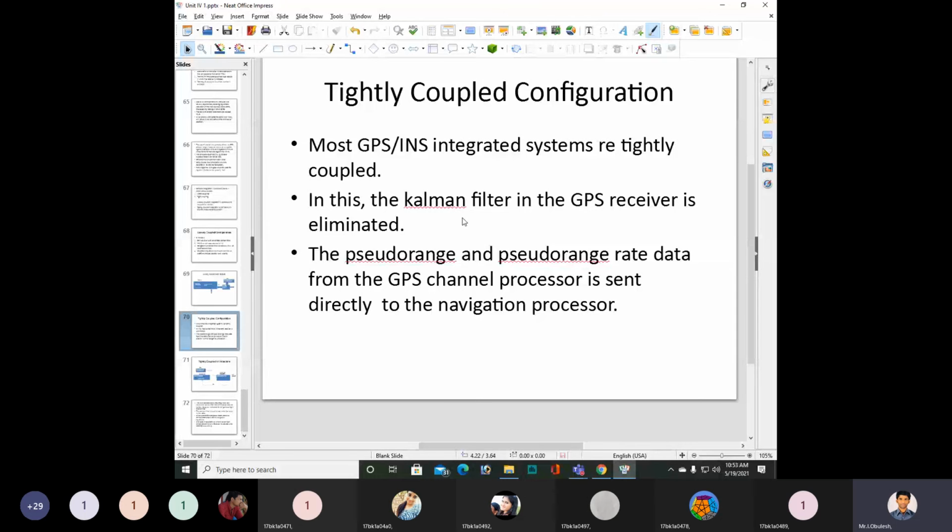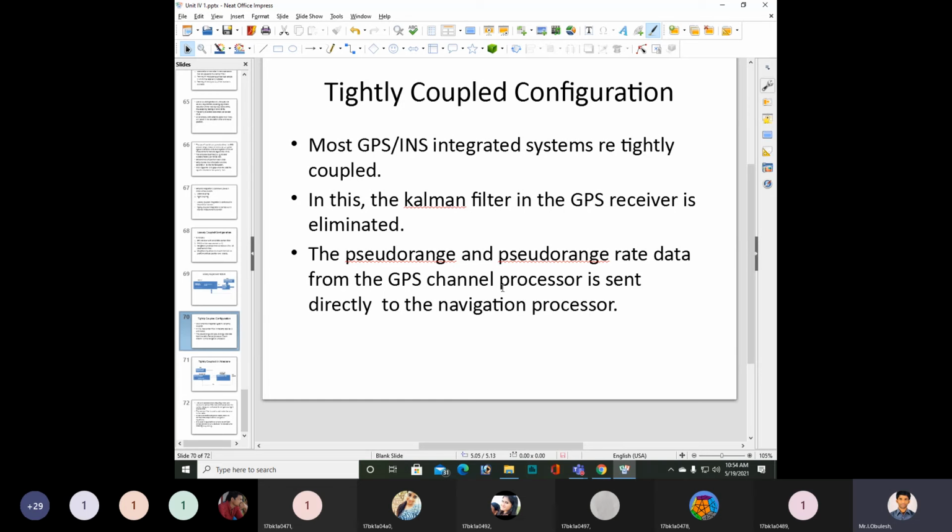You need to see that most GPS and INS integrated systems are tightly coupled. In this, the Kalman filter in the GPS receiver is eliminated.